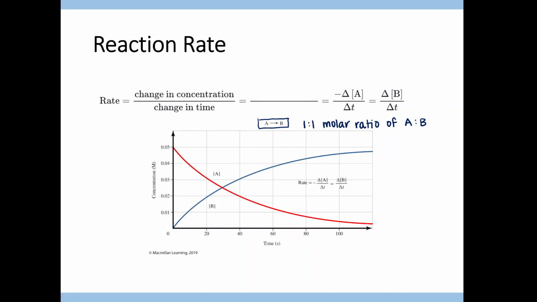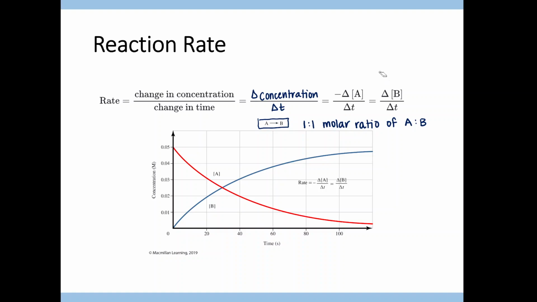So the rate is change in concentration over change in time, and we'll use delta to represent change. So this triangle here, delta concentration over delta lowercase t for time. And remember that these brackets here also symbolize concentration.